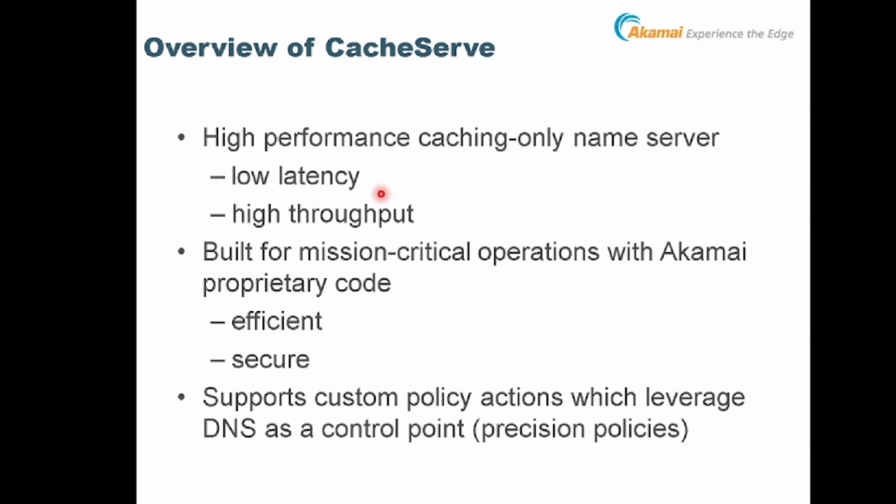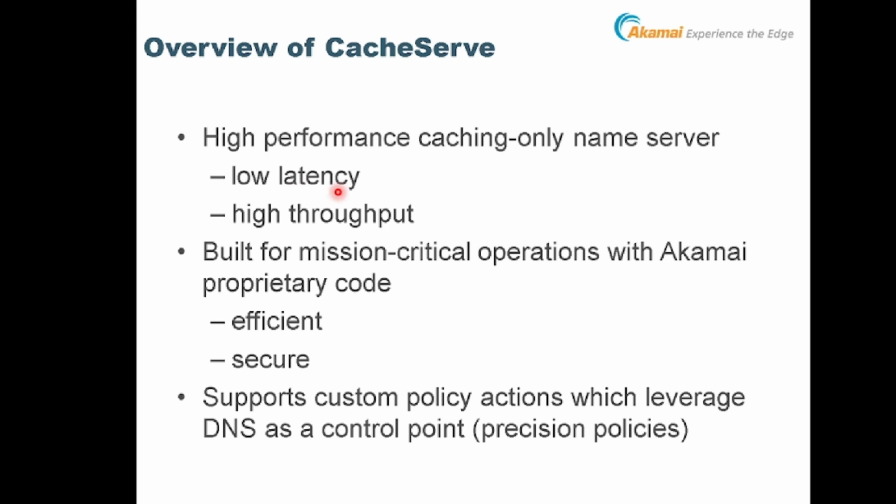Now, of course, one can only guarantee to some extent the response time for information that comes from the local cache. There are mechanisms in place in CacheServe which help reduce the latency even if a resolution to the authoritative servers is required.